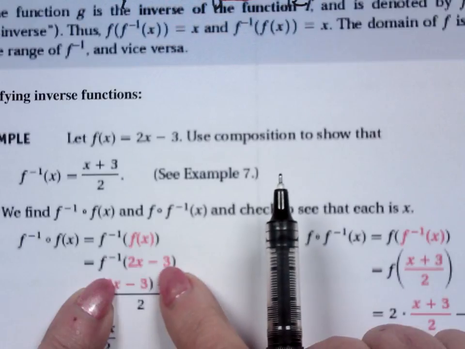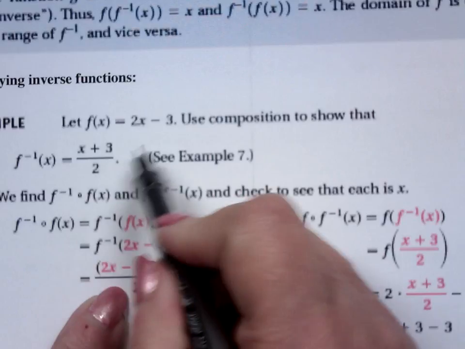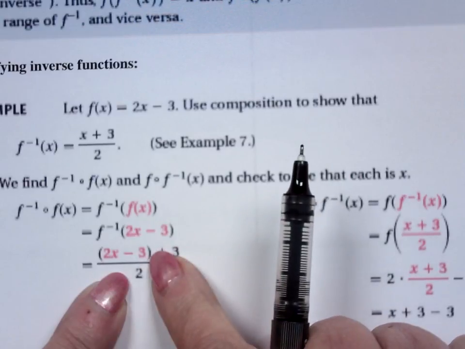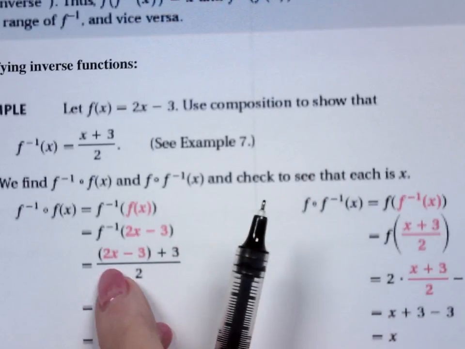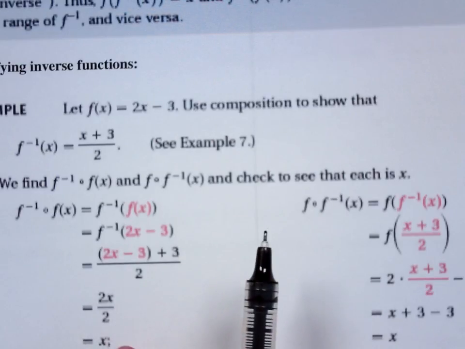In the inverse, you're going to stuff the function. You pull out the x, because it's x plus 3 over 2, put in x, and you put in 2x minus 3. Simplify. 2x minus 3 plus 3 is just 2x over 2, or x.